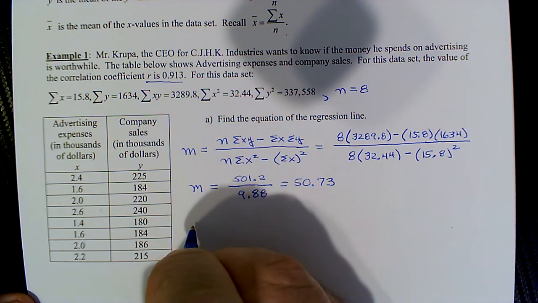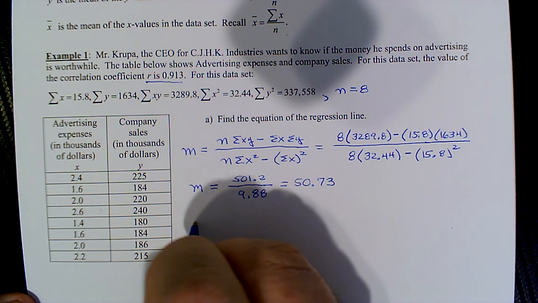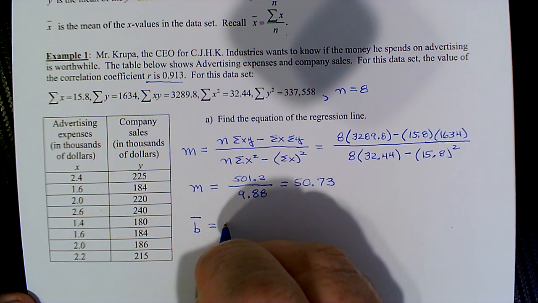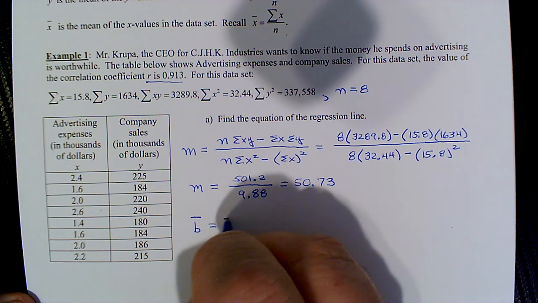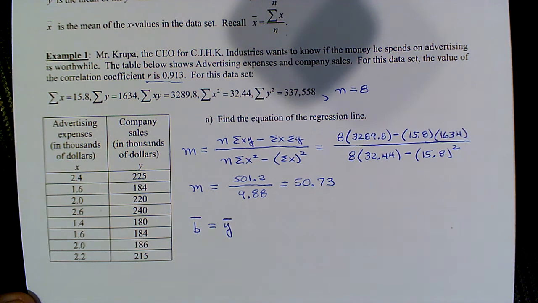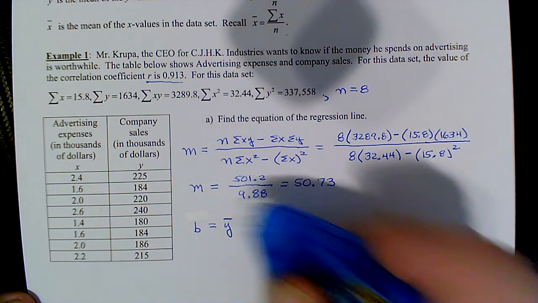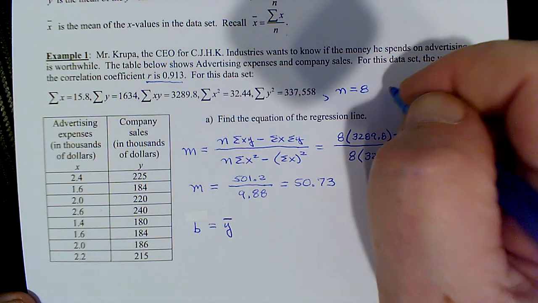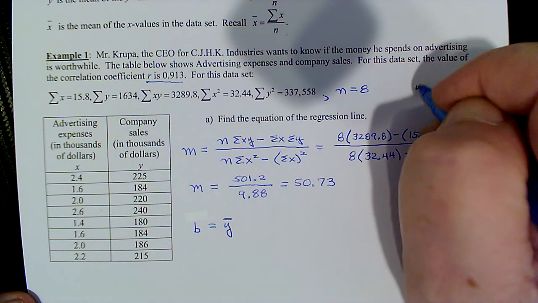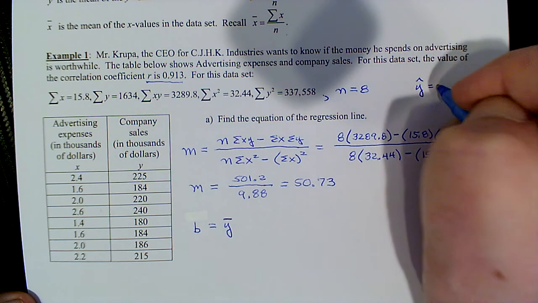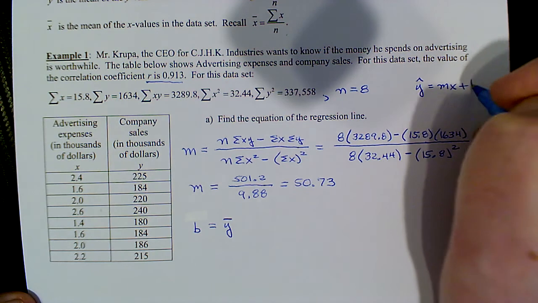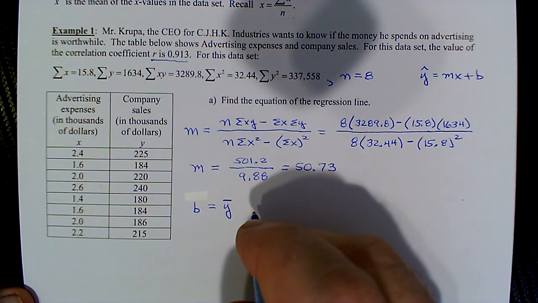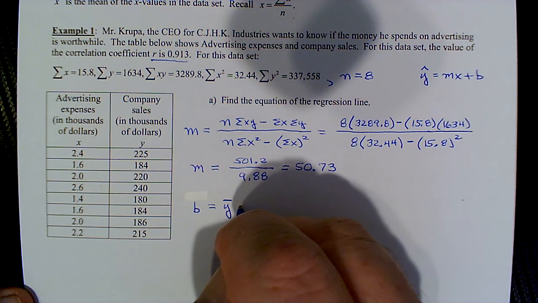Alright, now the y-intercept b is given by y bar, it's not b bar, I'm sorry, it's just b. Because the equation is y equals mx plus b. They put a little cap on it. They say y hat equals mx plus b, because it's an approximation, that's why. But b is y bar minus m x bar.